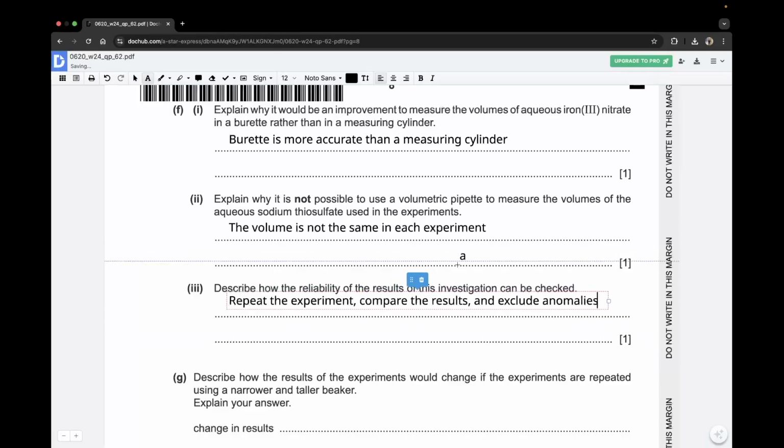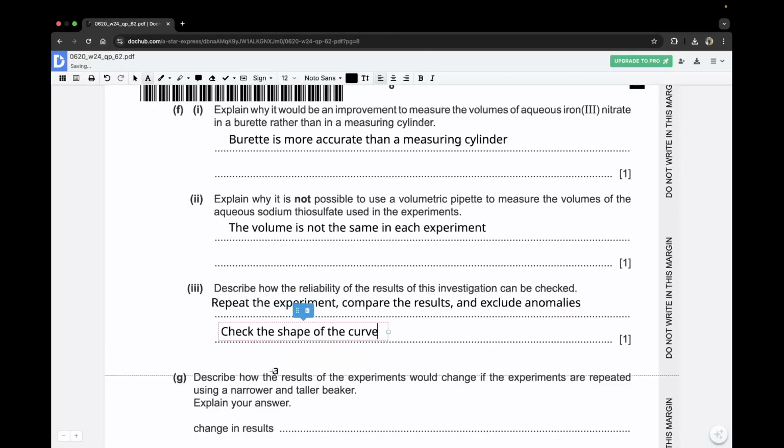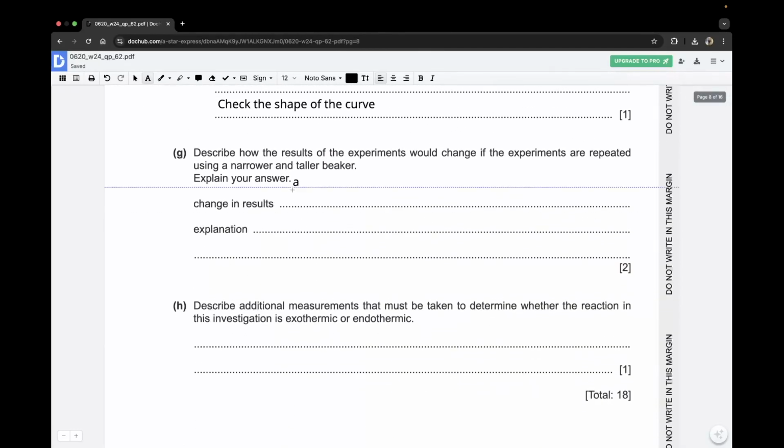And check the shape of the curve as well. They'll ask you this for literally every single one of these second questions. You should just say repeat the experiment, compare the results and exclude anomalies, and check the shape of the curve. You can also write this as points, and they will expect all of this for that 1 mark. So just keep that in mind.